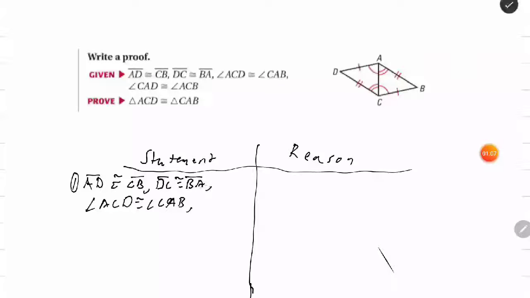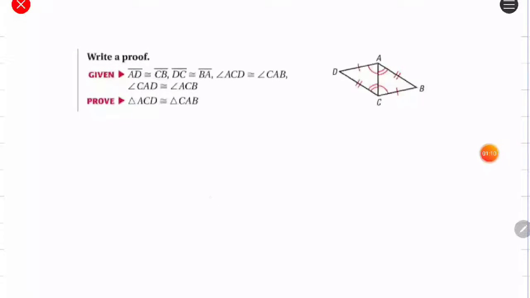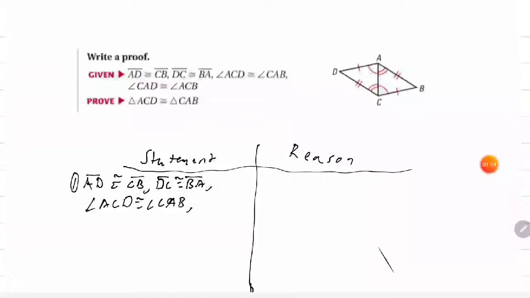And then lastly, angle CAD is congruent to angle ACB. So you can always write this first statement as multiple steps, or you can write it in one step, because it's all the same reason. It has been given to us in our problem.